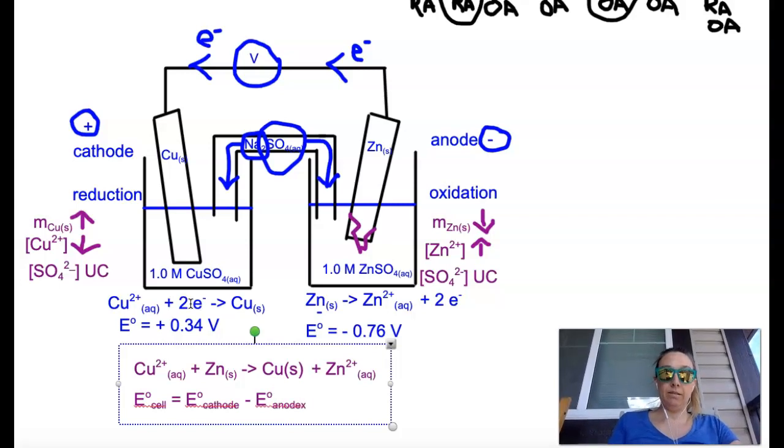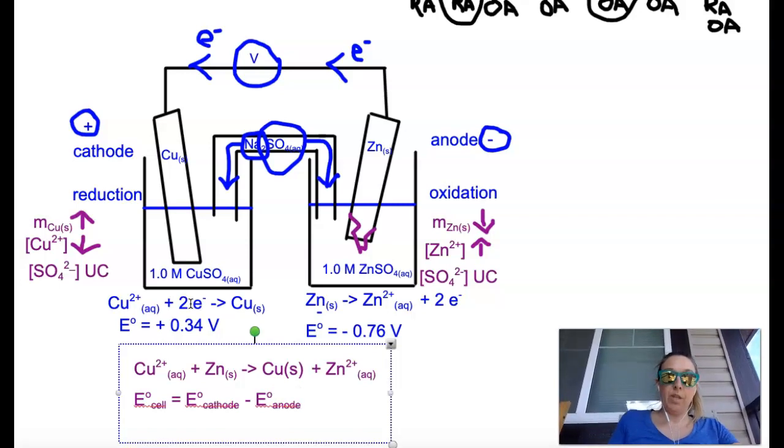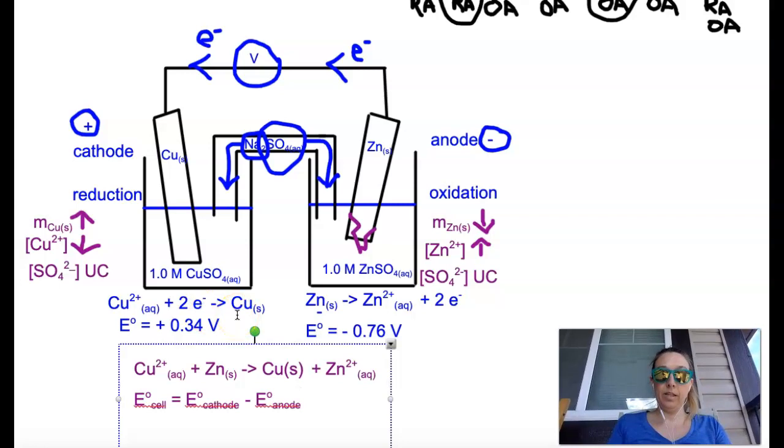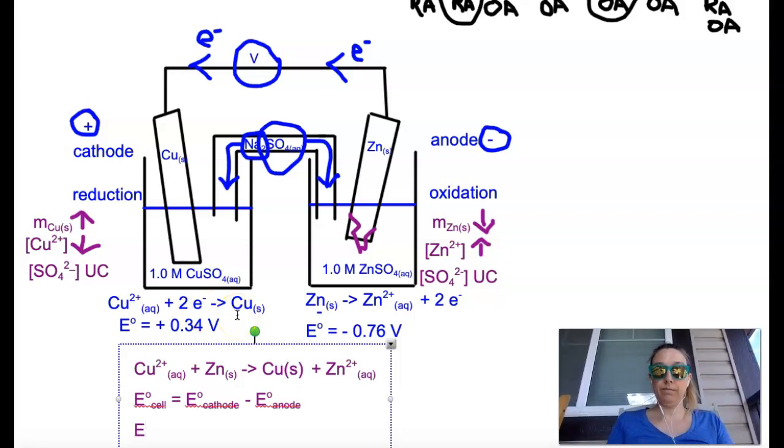So looking at what we have, we are going to have that the E naught of the cell is going to equal, all right, sorry, I'm having issues with my superscripts and subscripts.